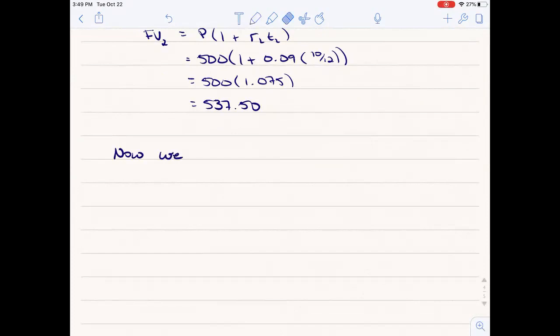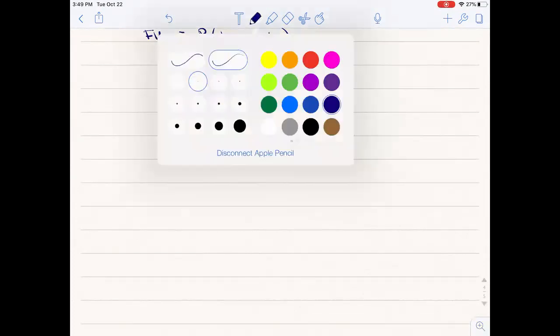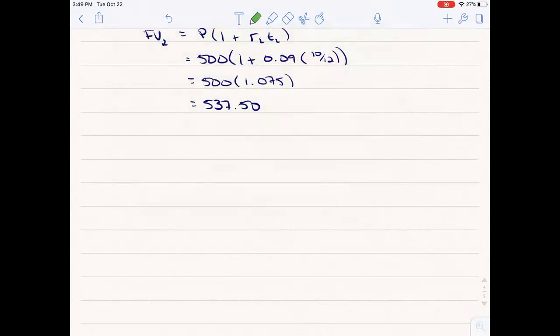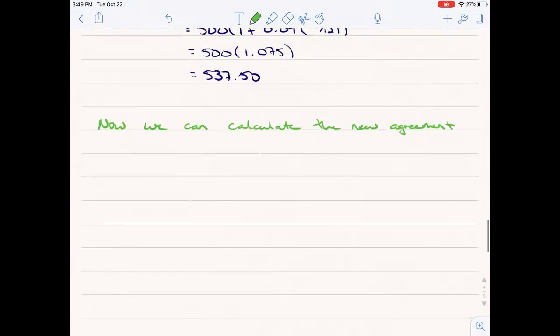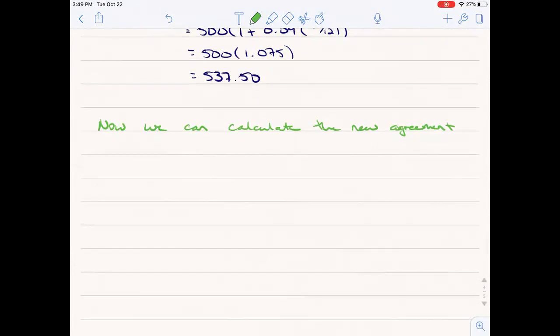Oh, you know what? I'm going to change the color just to match. Now we can calculate the new agreement by finding future value 3 and P4.